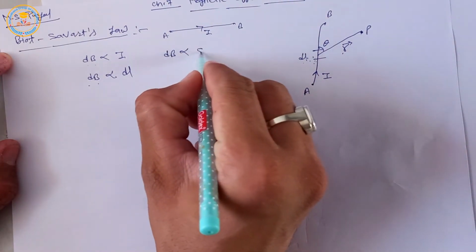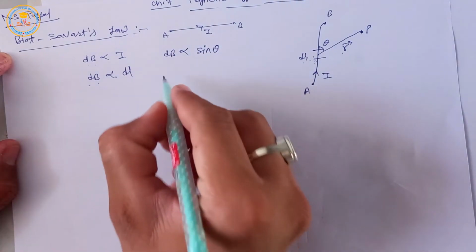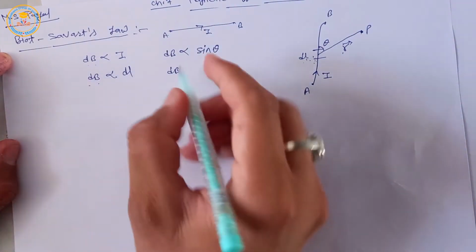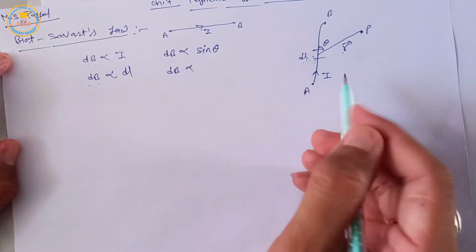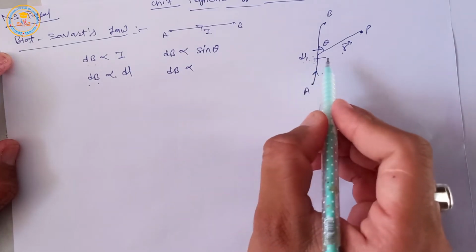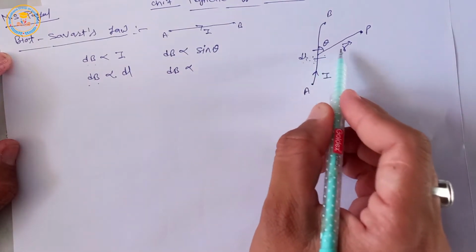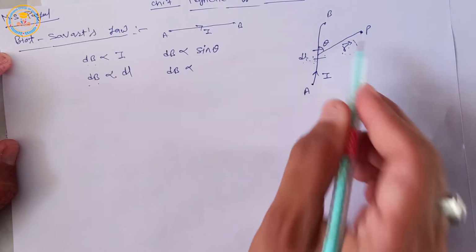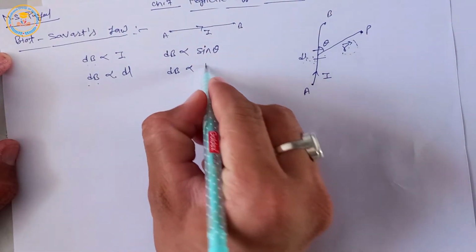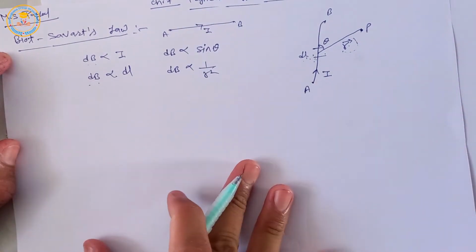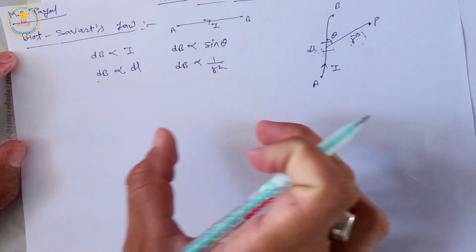It means sine theta. And dB is inversely proportional to the square of this distance, that is, 1 upon r square. This is the Biot-Savart law.